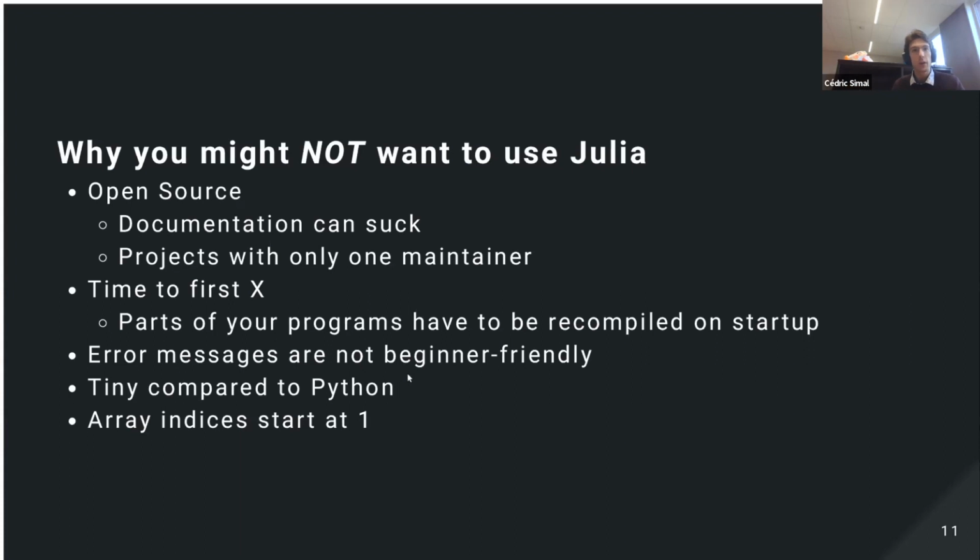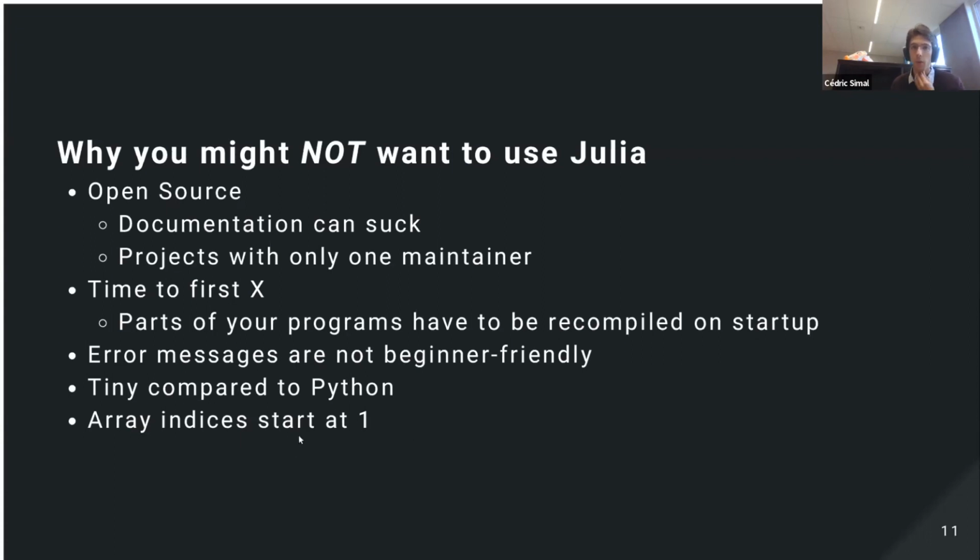Another point against Julia is that it's a competitor to Python, but it's still tiny. I think there are still less than 10,000 officially registered Julia packages, compared with above 50,000 or maybe hundreds of thousands of packages for Python. So it does mean that the Julia ecosystem is much smaller.